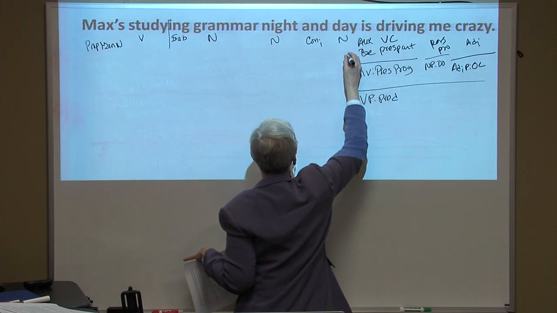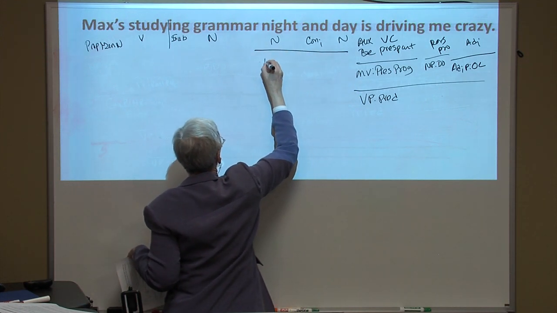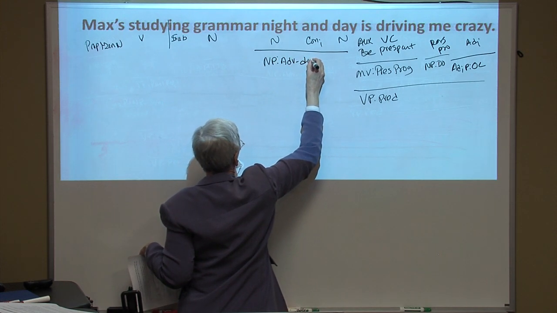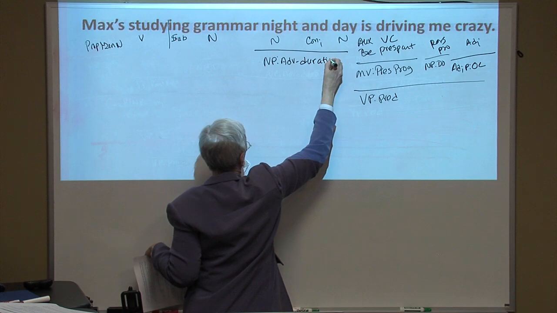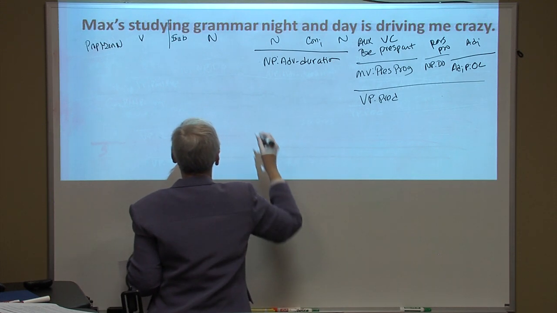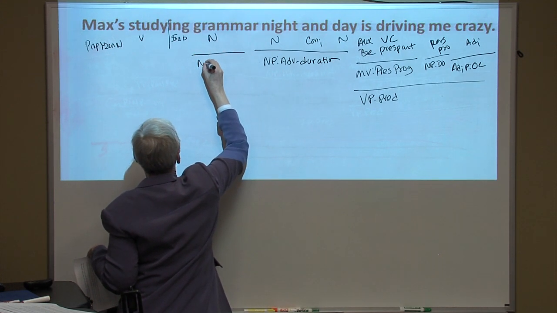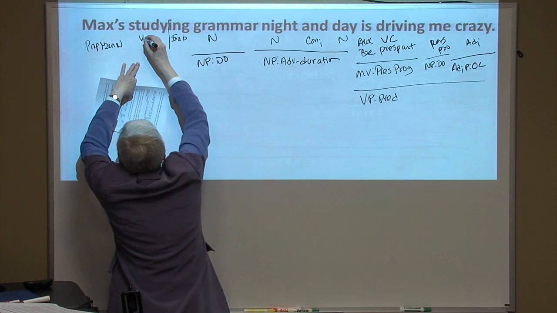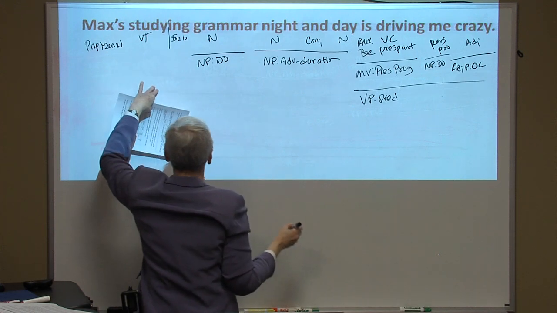Moving on to the left, night and day is a noun phrase functioning as an adverb of duration. Grammar is a noun phrase functioning as the direct object of the transitive verbal studying.